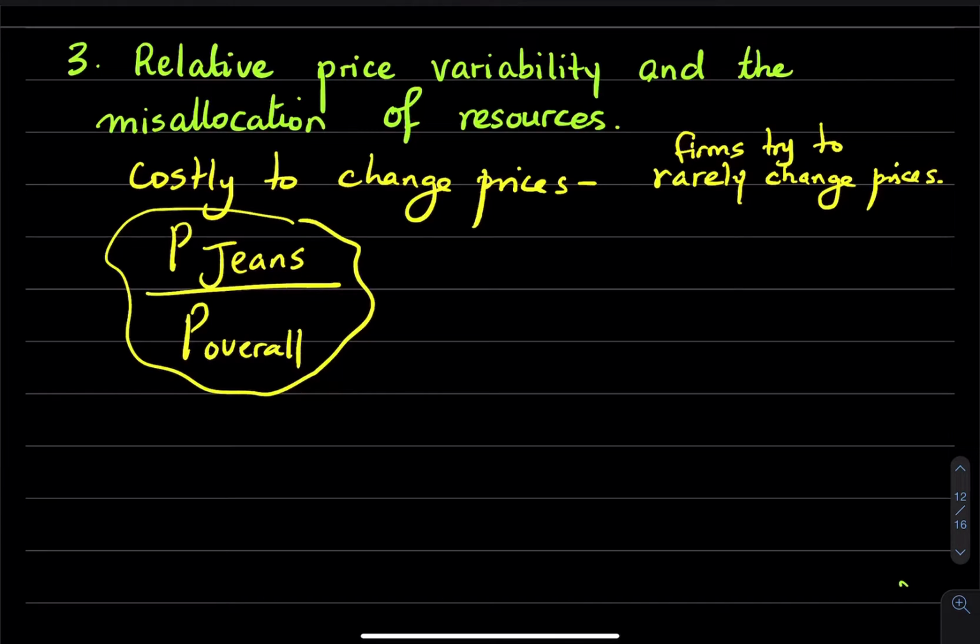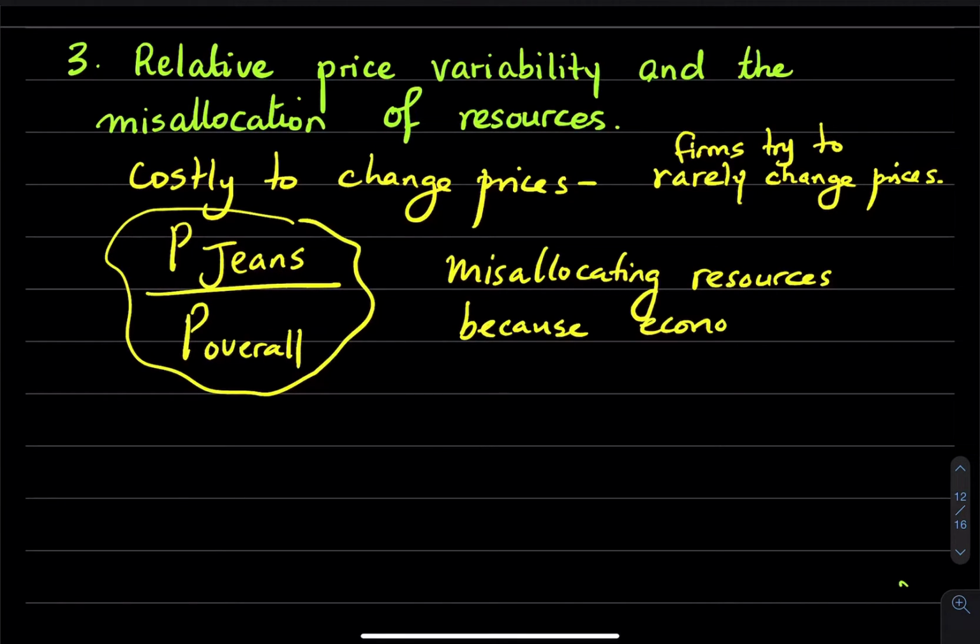Okay, so you would end up misallocating resources because economic decisions are based on relative prices.